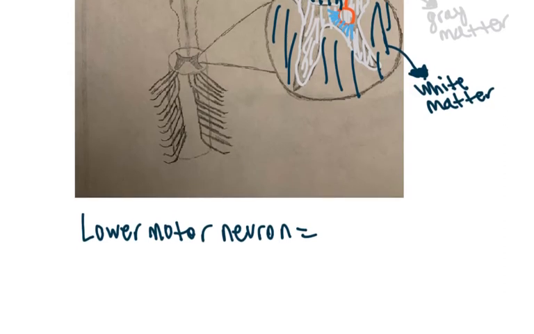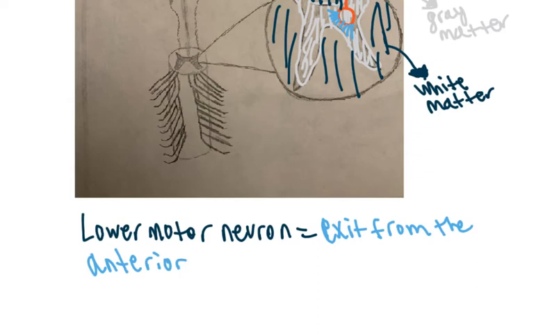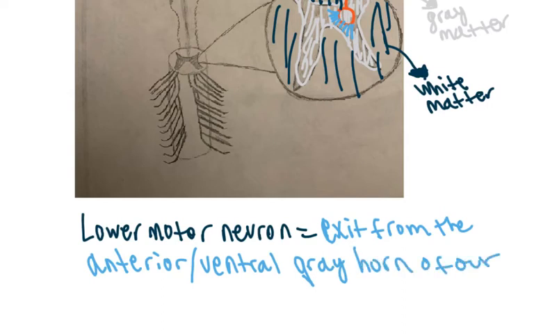All right, so we'll leave or exit from the anterior, or also called ventral, gray horn of our spinal cord.